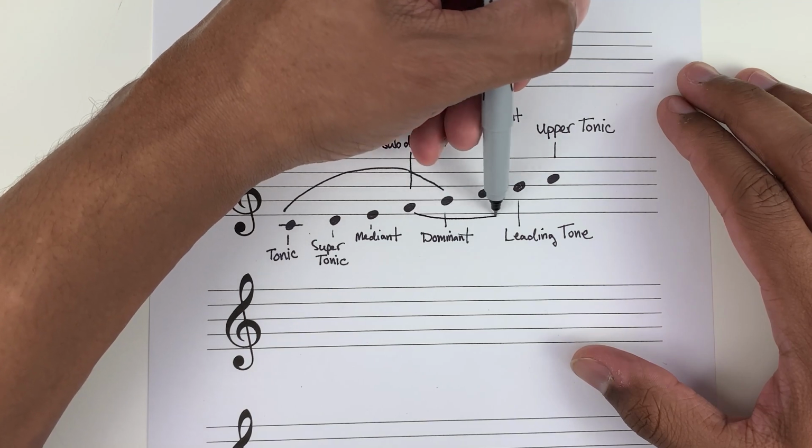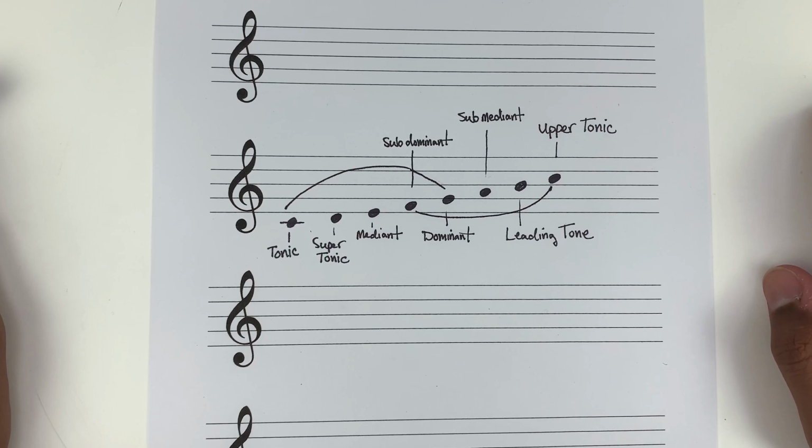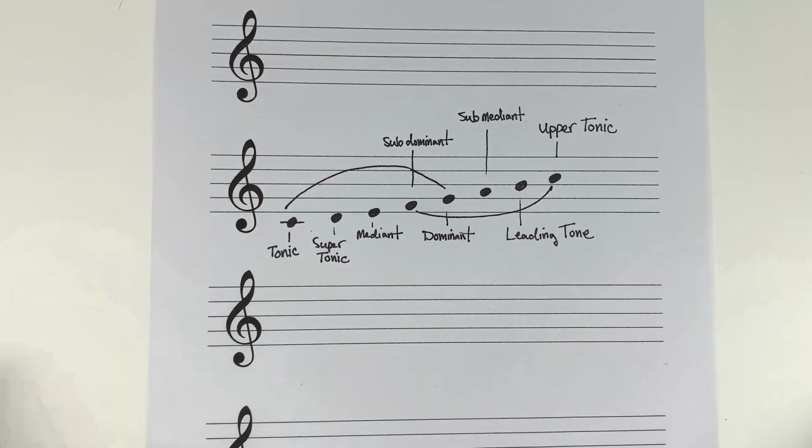So they're literally the same distance away from each other. And in which case the submediant, as the sixth note, exists in the same sort of territory as your mediant does in the lower register of the scale. So submediant being between upper tonic and subdominant, and mediant being between your lower tonic and your dominant. And in a nutshell, that's all you have to really know when it comes to scale degrees.